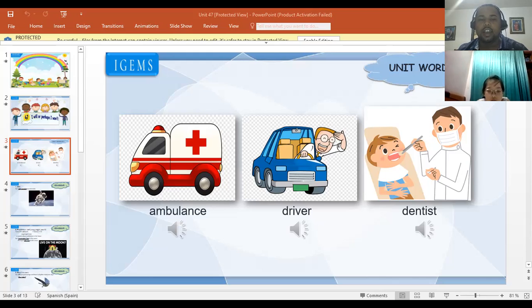And what is the next person you can see? I can see a driver. A driver. Okay. And what about the other one? I can see a dentist. A dentist. That's right. So let's continue.